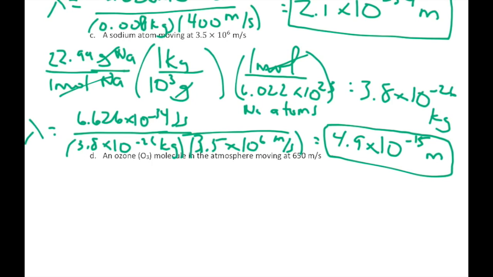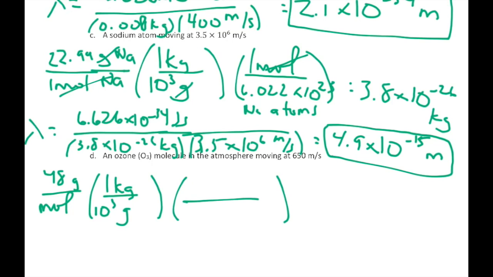Okay. And lastly, an ozone molecule in the atmosphere. So again, ozone, the molecular weight is 48 grams per mole. So again, converting 10 to the third grams per kilogram. 1 mole has 6.022 times 10 to the 23rd molecules.